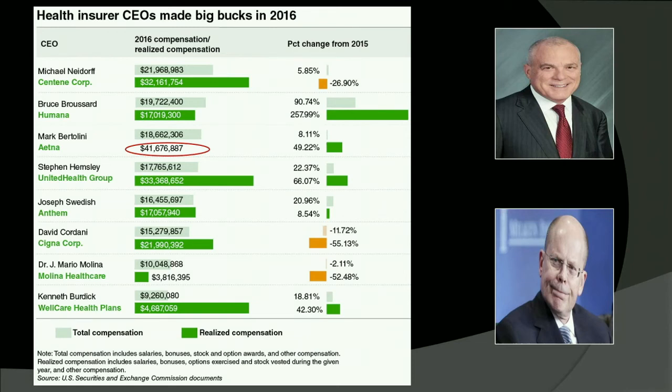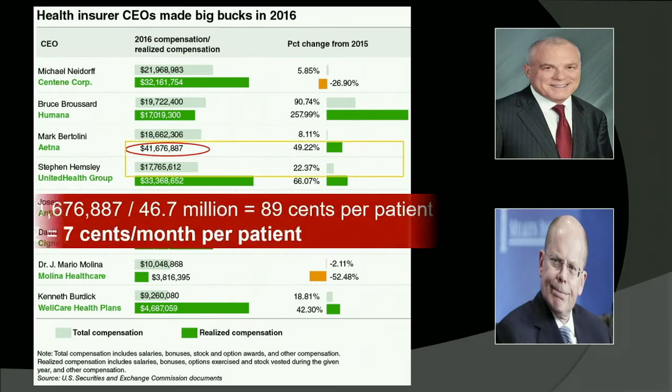So again, all things in perspective. Stephen Hemsley, he's down there. He doesn't look happy because I think he only made $33 million. That's why he's very offset looking there. I'm sorry for your loss, sir. That's tragic. Oh, here it is. Yeah. So 7 cents a month per patient just to pay that guy's salary.